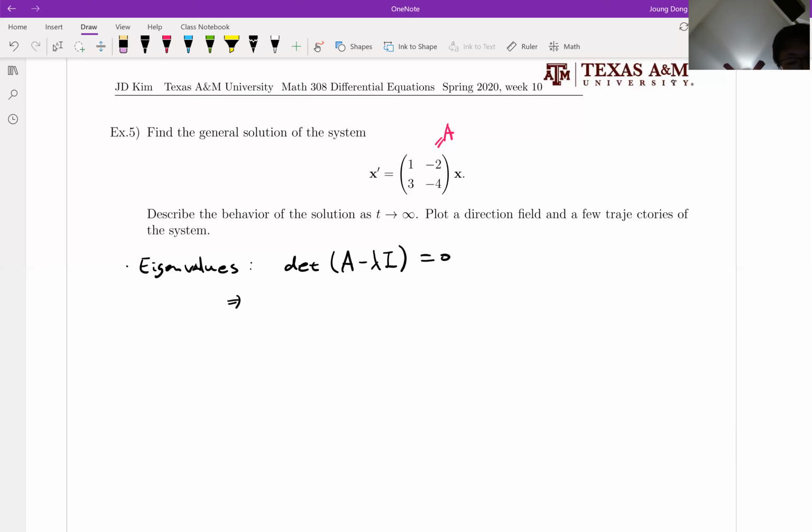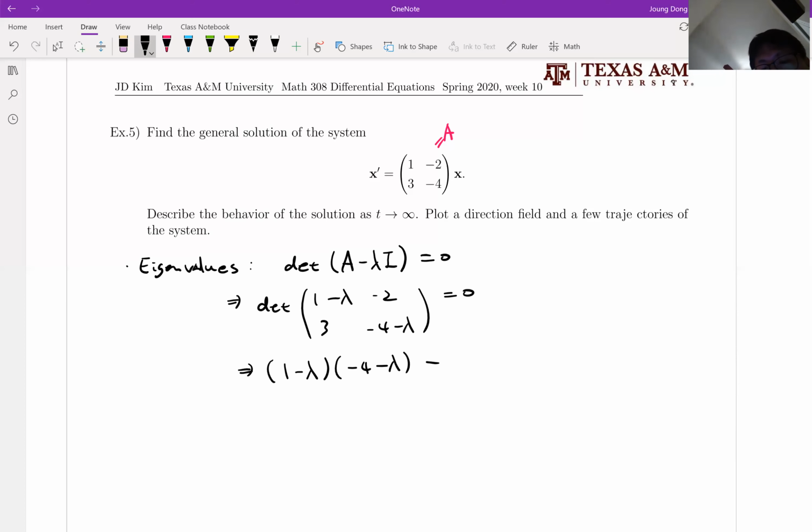A minus lambda I is 1 minus lambda, -2, 3, and -4 minus lambda. As you know, it's a 2 by 2 matrix, so the determinant is AD minus BC. 1 minus lambda times -4 minus lambda, minus BC, must be equal to 0.